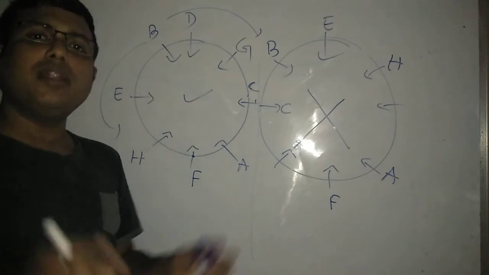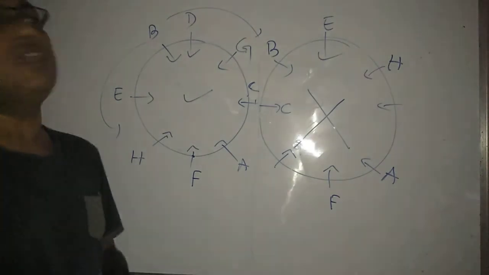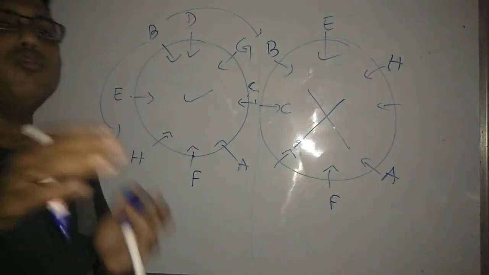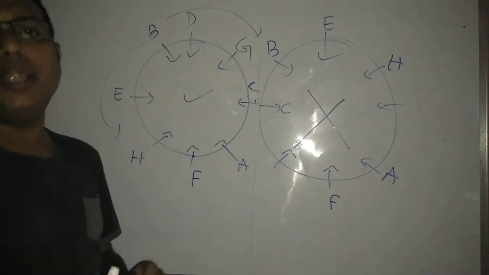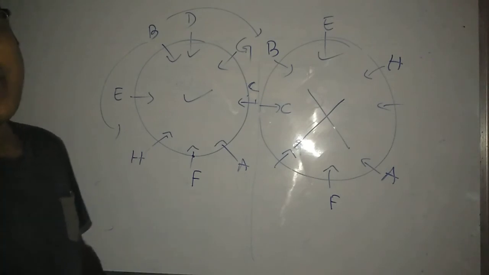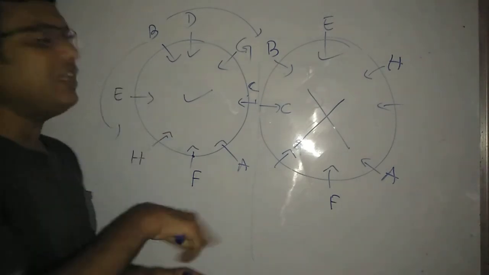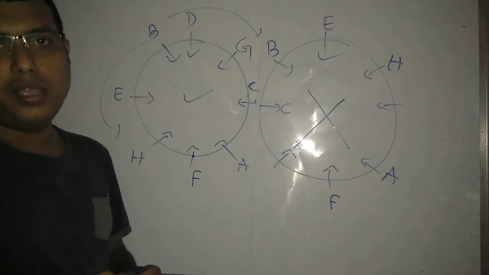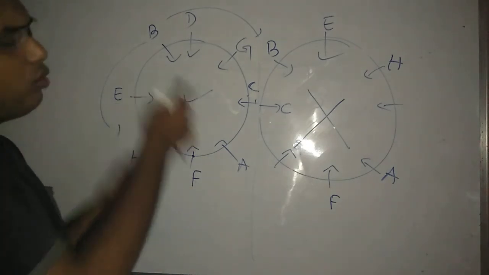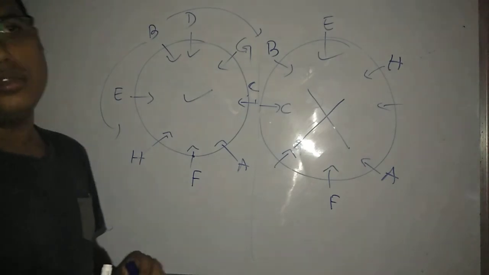But when it is given to find the position of C with respect to B when we move from B in a clockwise direction, obviously your answer is third to the left. And when you move from B in an anti-clockwise direction, your answer is fifth to the right. So this is all about your question. Your question is not so difficult.